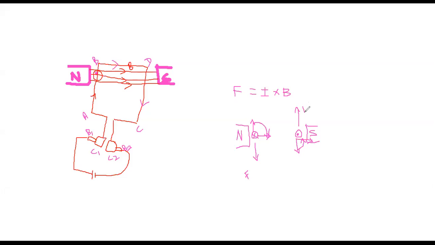So this is the force direction for the conductor of coil side CD, which is upward, and the force direction for the coil side AB is downward, right? So from this we can say the coil is now rotating, going to move from this position to another position, right?